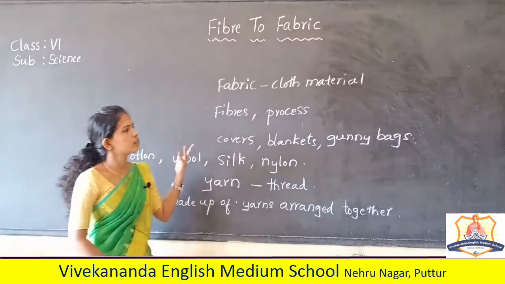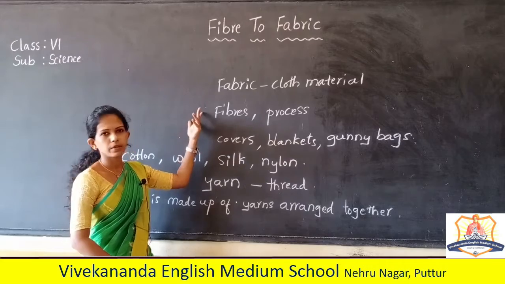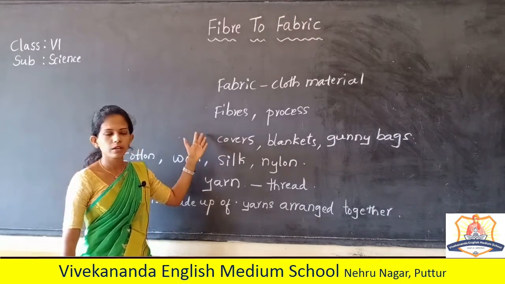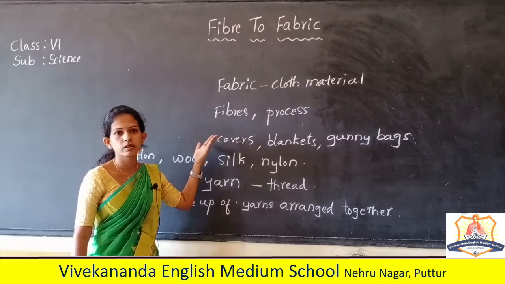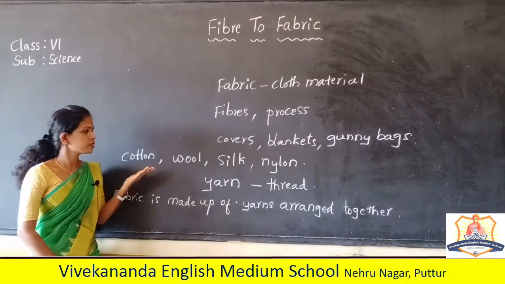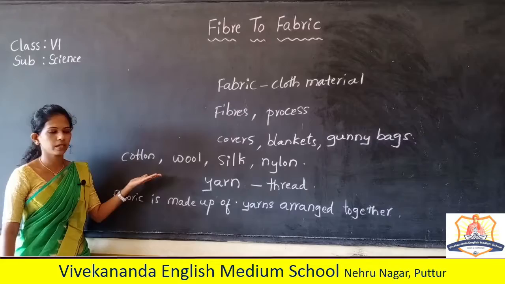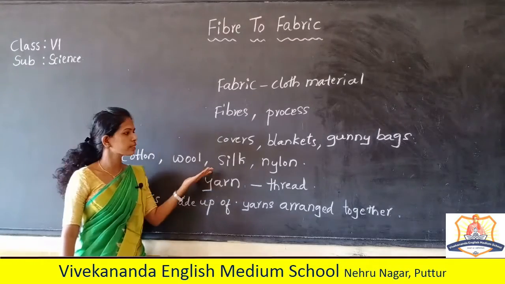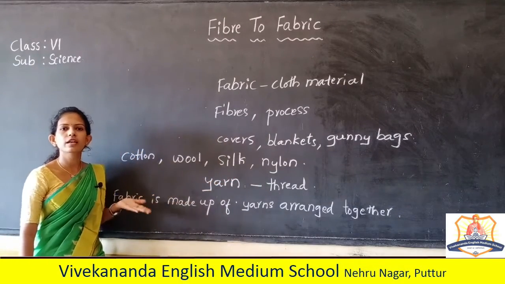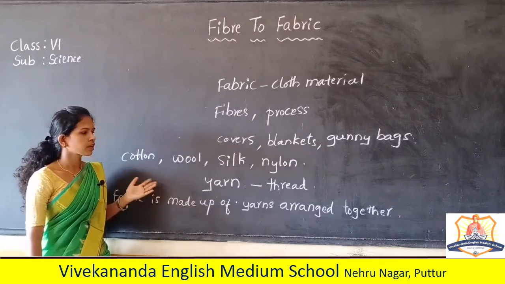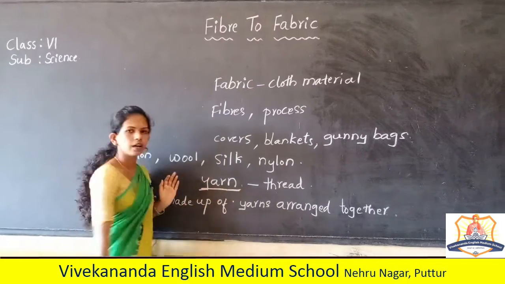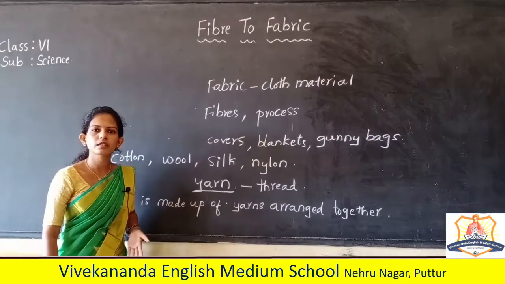So we started with fabric, that is a cloth material, and fibers and their process we have to study. We have seen the different kinds of fabrics, that is cotton, wool, silk, nylon, polyester, jute. And here one word comes, that is yarn. What is that yarn?